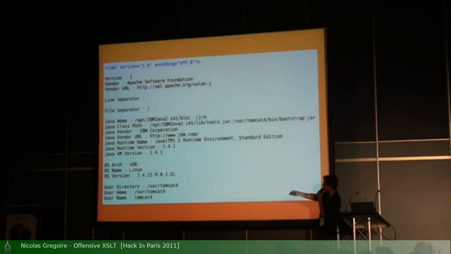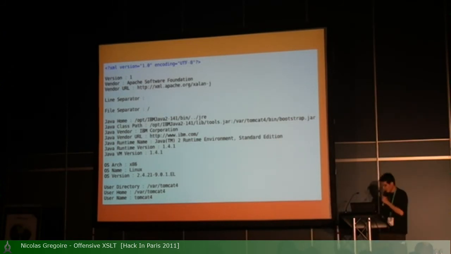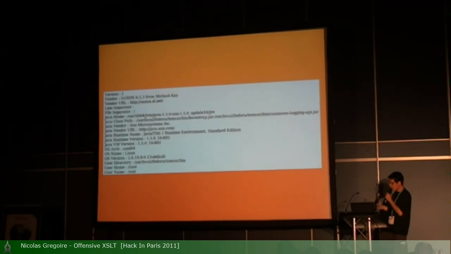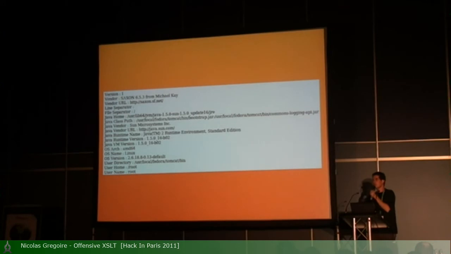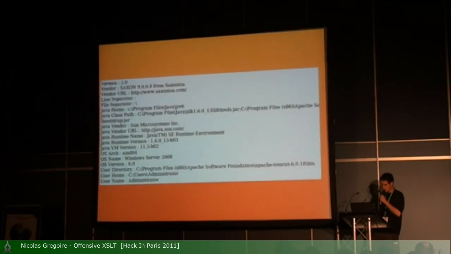We have a Linux server, and we are running as Tomcat 4, which is probably a good sign for us. We have some similar thing where we are already root under Linux. And here the XSLT engine is Saxon from Saxonica. There is a free and a commercial version, and it supports XSLT 2.0.